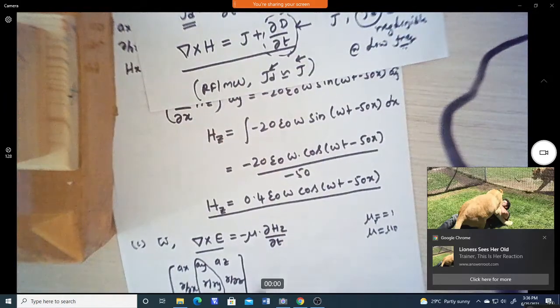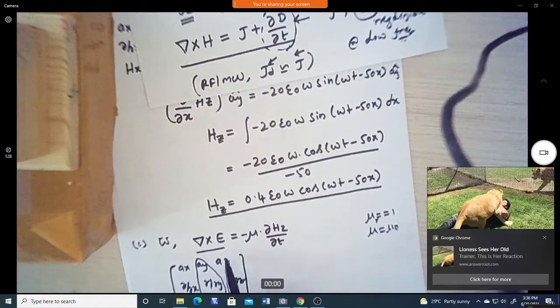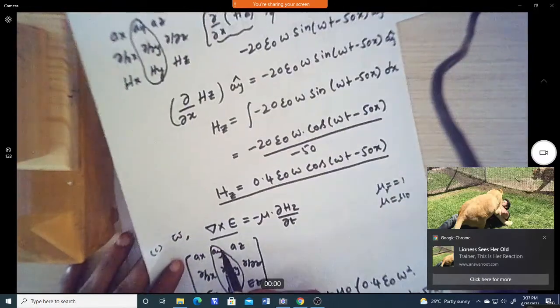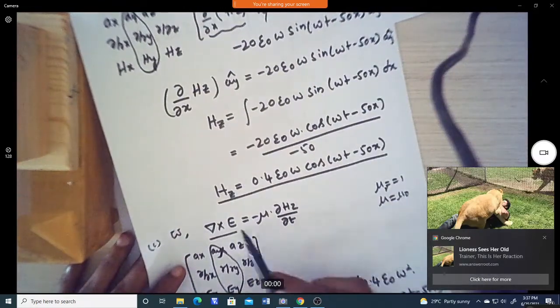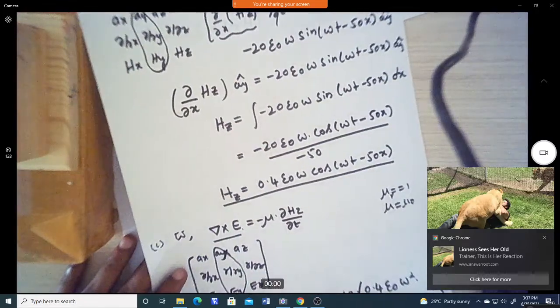Sorry, since the Hz component is there, we need to take the z component here. So the del cross E, the z component we have to take and equate. Not the y component, the z component. Since the H is having z component, we have to take the ez component.